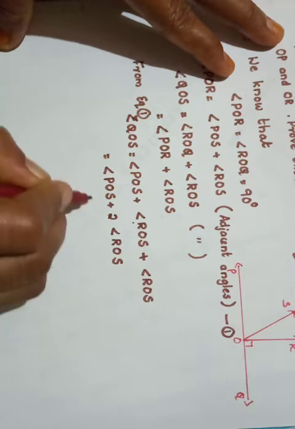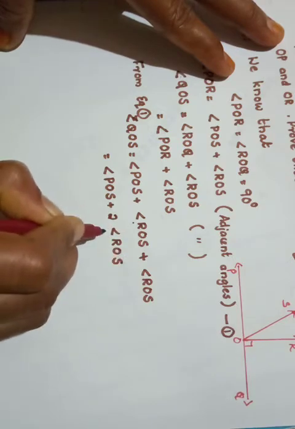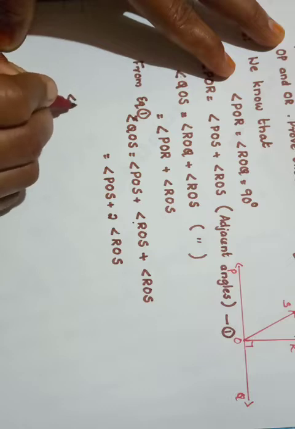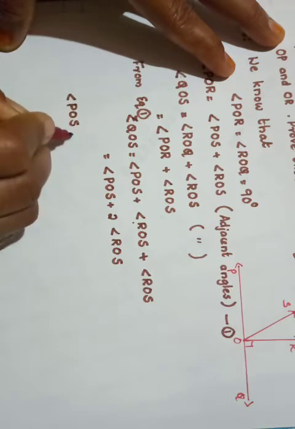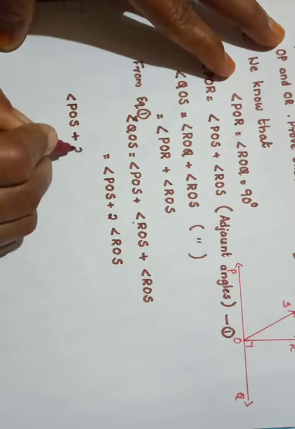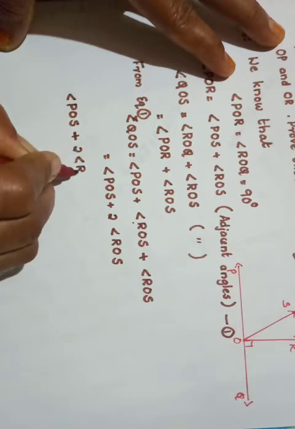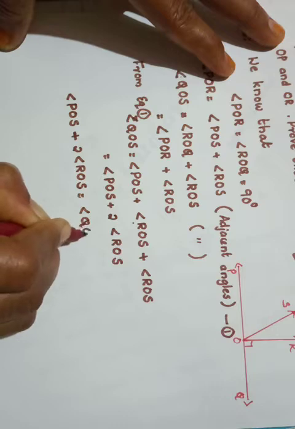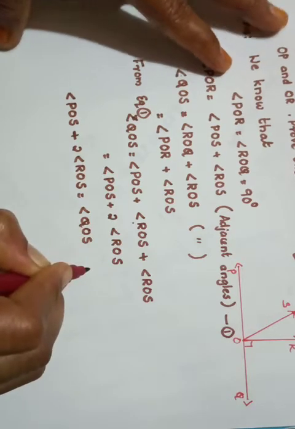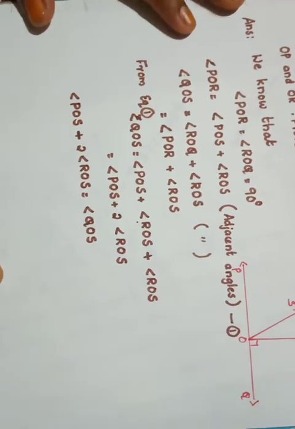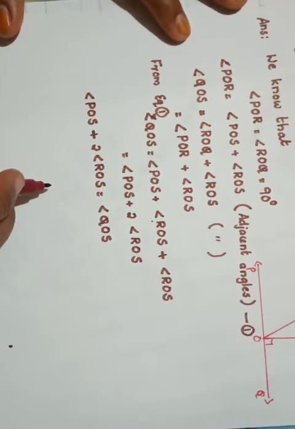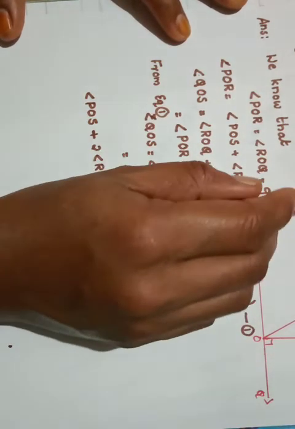Now I am taking this part to the RHS. So angle POS plus 2 times angle ROS is equal to angle QOS. Just interchanging LHS and RHS.